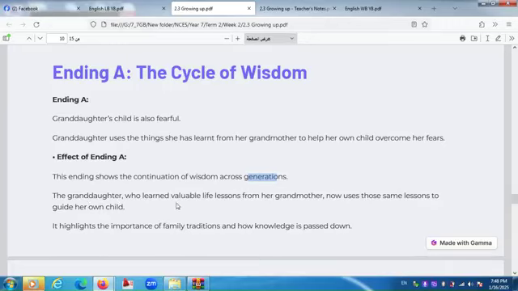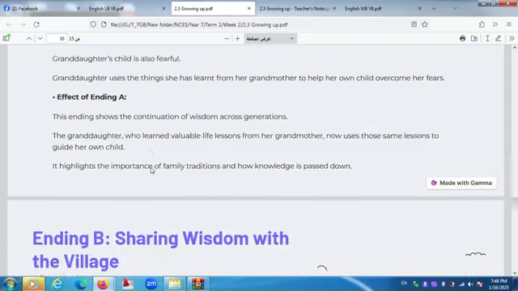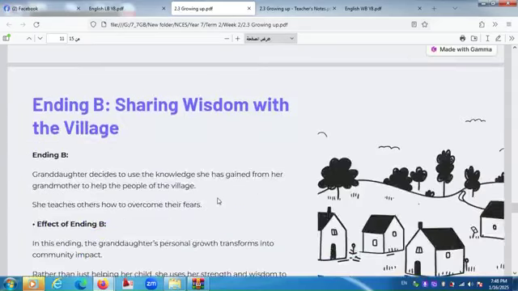The granddaughter who learned valuable life lessons from her grandmother now uses the same lessons to guide her own child. It highlights the importance of family traditions and how knowledge is passed down. We are inside the family, from grandmother to the granddaughter, to the grand-granddaughter, and so on.